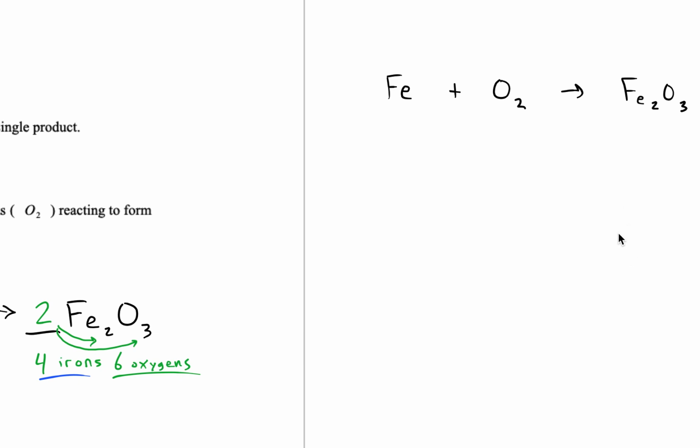So if we draw the situation, we could show how for our products iron is bonded to 3 oxygens. This is the iron 3 type, which means each iron is going to give off 3 electrons, and each oxygen wants to accept 2.